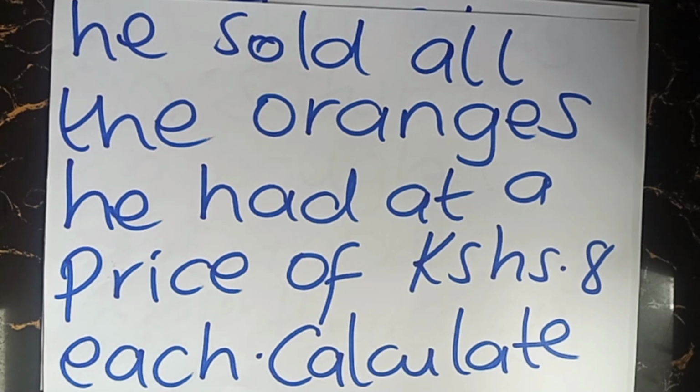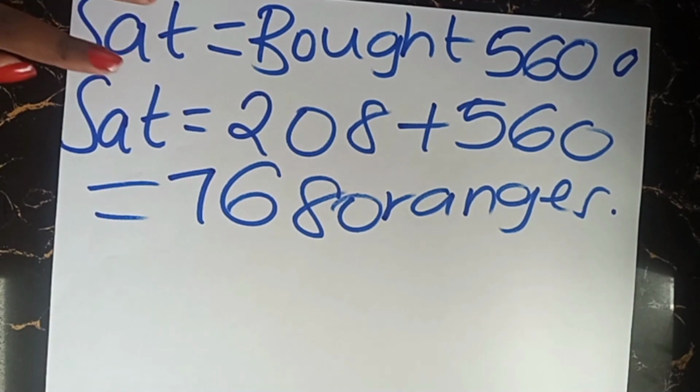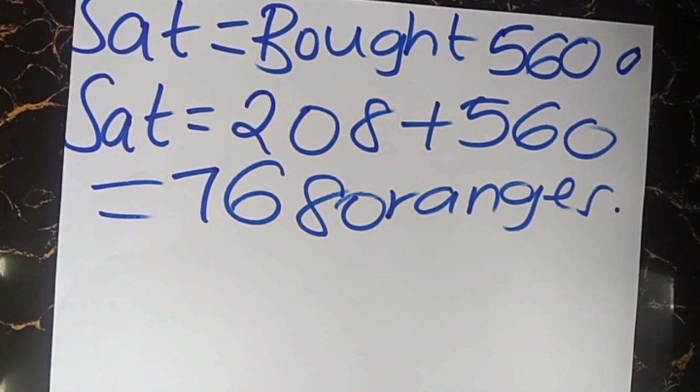So that means that on Saturday he sold all the oranges he had at a price of 8 shillings each. And how many oranges did he have on Saturday? We wrote that here. On Saturday, we said he had 768 oranges in total. And we've been asked to calculate the amount of money the vendor obtained from the sales on Saturday.